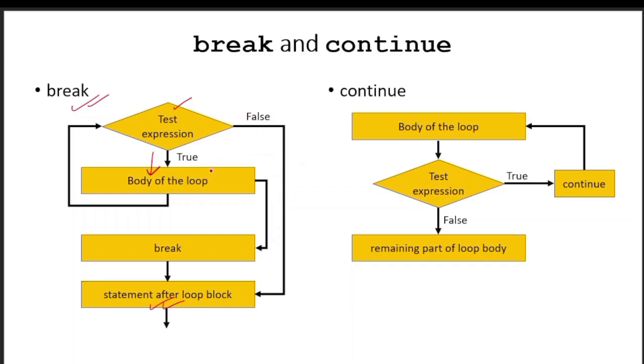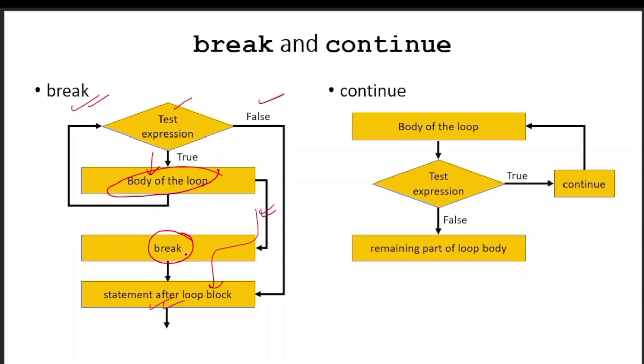But you can see in the flow chart that to come out of the body of the loop, we have two paths. The first path is this one, when your test condition is false. The second path is this one. You can see it is coming over here and then over here, and in this path you can see break.